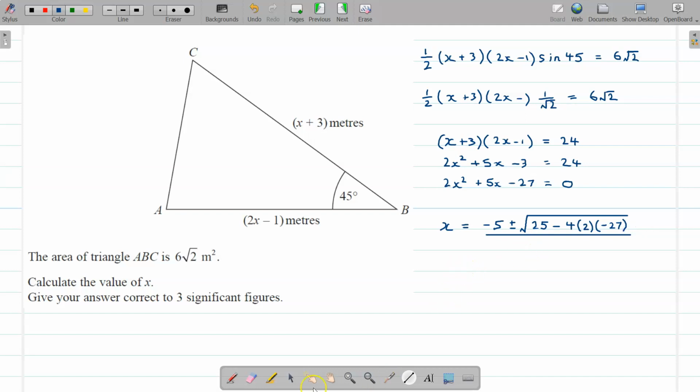Well, a is 2, so it's 4. Now we need to simplify that square root, and that comes to x equals -5 plus or minus root 241, all over 4.